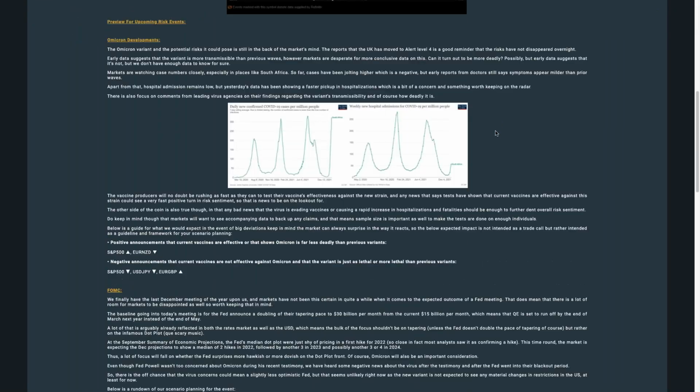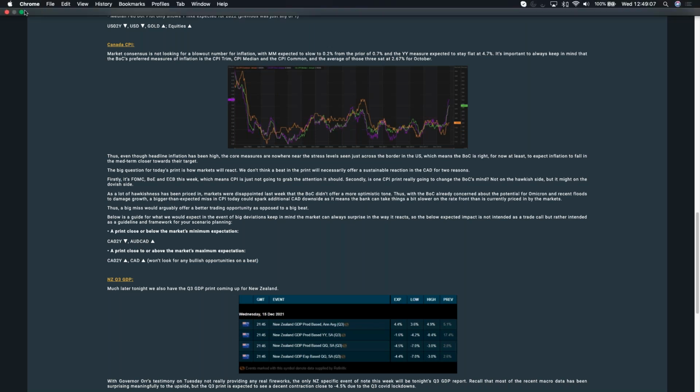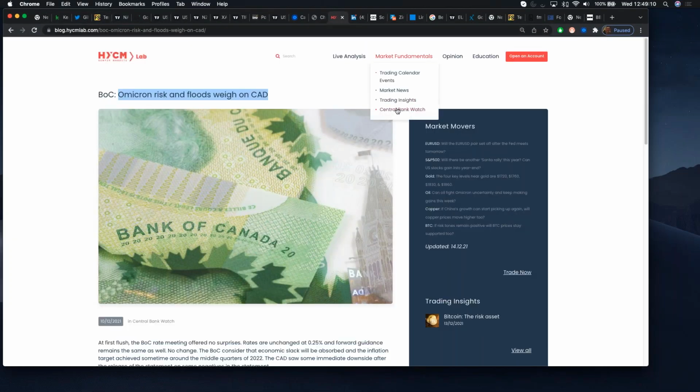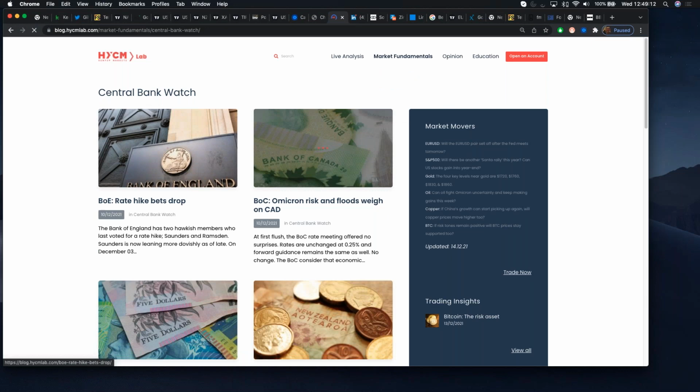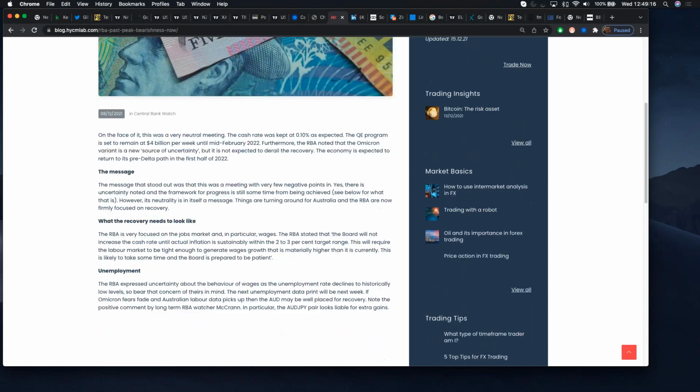Now the Aussie CAD would be good because the Reserve Bank of Australia are a little bit more optimistic in that they're not dovish, and they've been really uber bearish for some time. At their last rate meeting, they're much more neutral, and you can just again go to my central bank watch. Their kind of neutrality, as I put it, is past peak bearishness now.